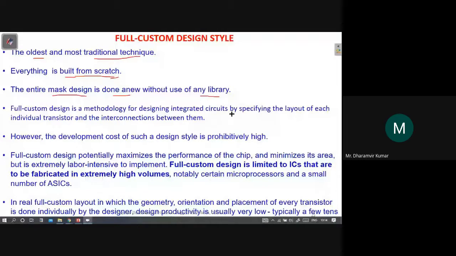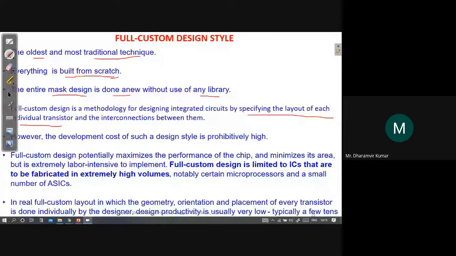Full custom design is a methodology for designing integrated circuits by specifying the layout of each individual transistor. Look, specifying the layout of each individual transistor. Each individual transistor has to be designed according to the specification, according to the need, and then it should be used in the bigger design, and the interconnections between them.